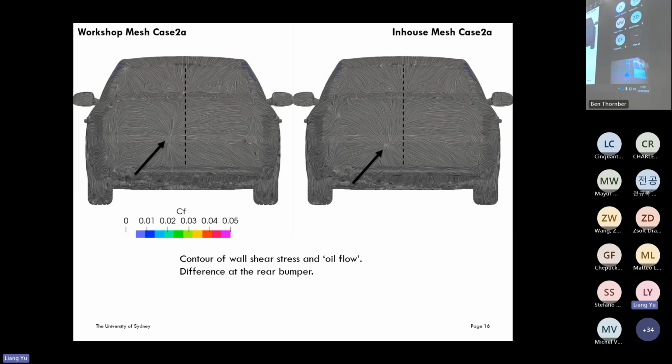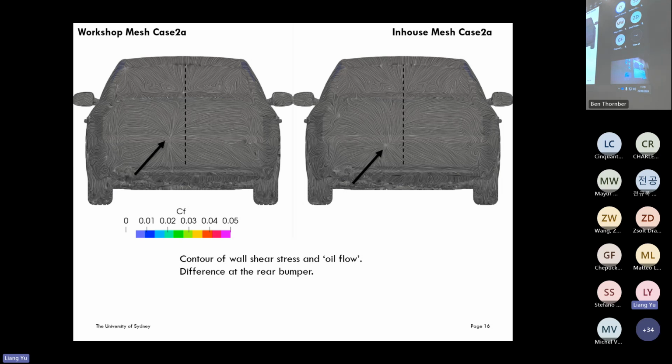I don't know if people sitting at the back rows can see the shear stress distribution on the mirror, but you can see they're actually different. On the committee grid, the reattachment line seems to be at the center of the mirror, whereas on my mesh, it's not. It's more skewed towards the chassis. This is quite interesting because the mirror is just a bluff body that sticks out of the A pillar.